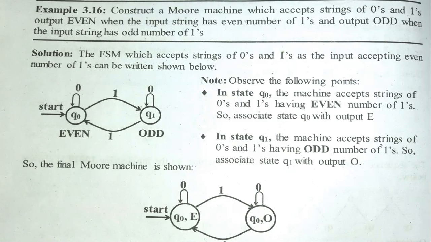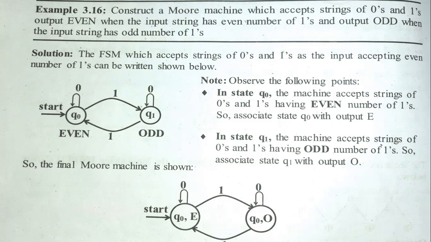Now the condition they are proposing here is that whenever we have an even number of ones, the state should project the output as even. If we have an odd number of ones, the state should project odd. If a particular state receives the input alphabet 1, how many ones do we have?